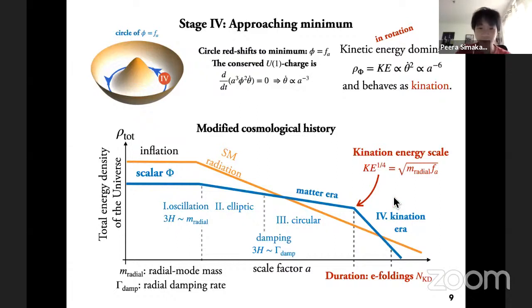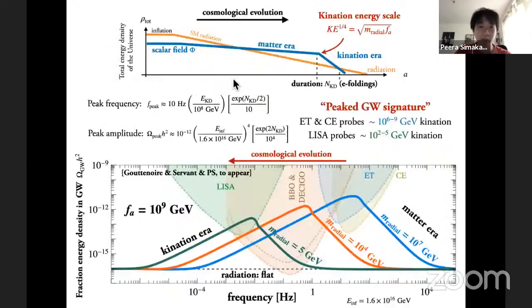So basically, in this modified cosmic history, the non-standard history of the universe will be characterized by two parameters here: the kination energy scale and the duration of kination. Okay, so the cosmic history that we have is thermal radiation, matter, kination, and then back to radiation again.